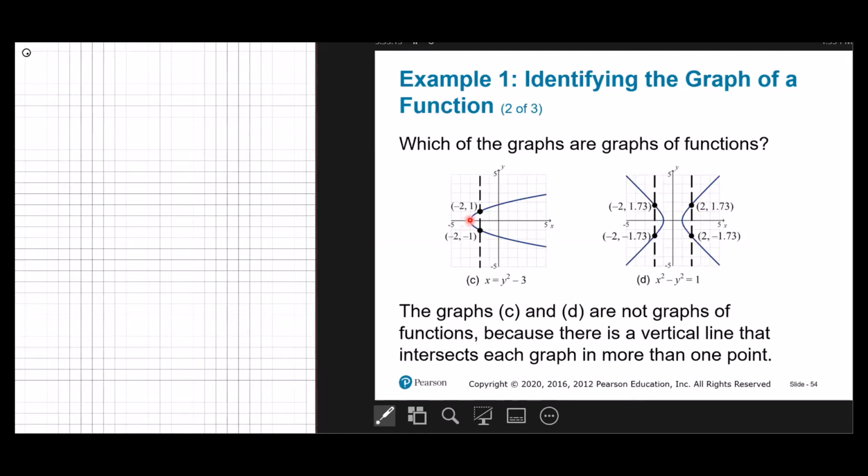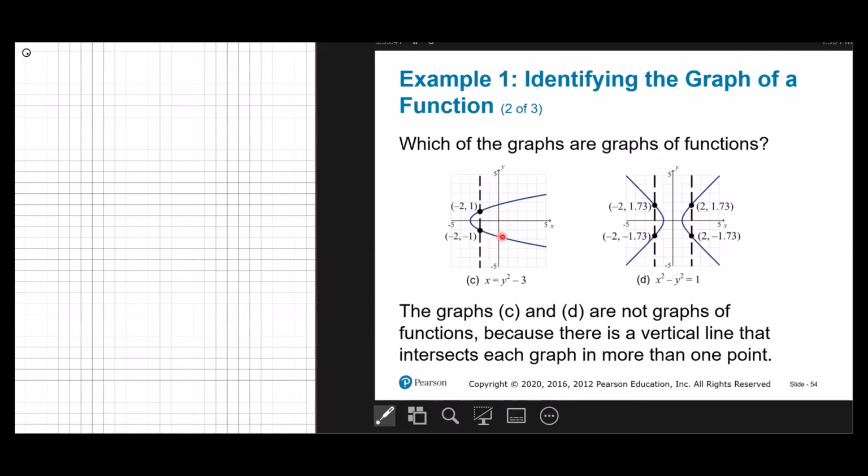All the other vertical lines that hit it will hit it at 2 points. And this is a parabola in the y direction. I mean, it's a function of y, not a function of x. So functions of y are not considered functions for our purposes.